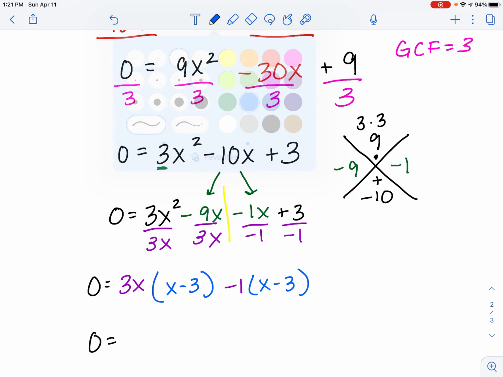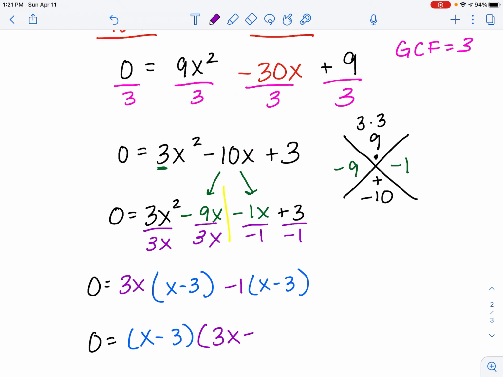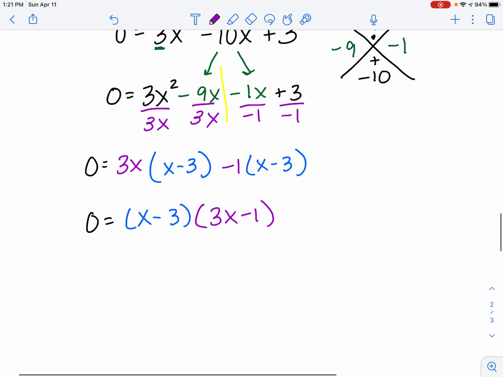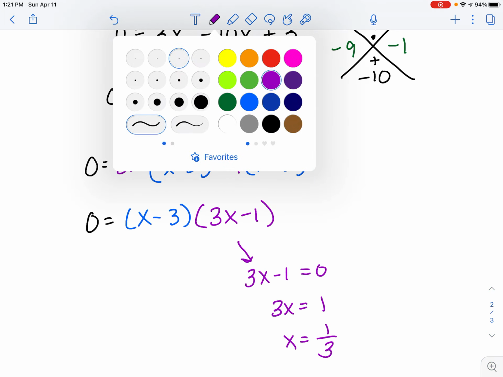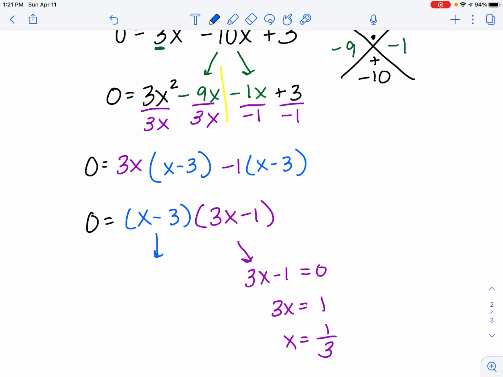So if I rearrange my groups, I'm going to get 0 equals x minus 3 times 3x minus 1. Now I'm going to set these groups equal to 0. I'll do this one first. If I add 1, I get 3x equals 1, and then divide by 3, I get x is 1/3. And then over here, x minus 3 equals 0, so x can equal 3.